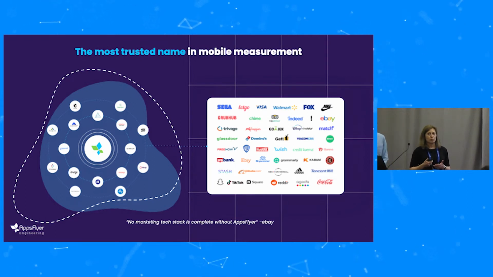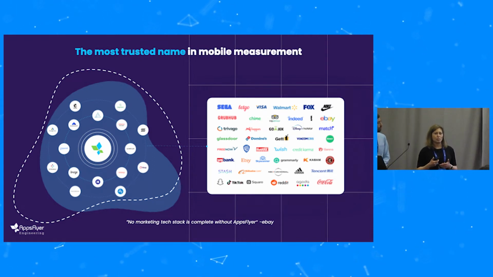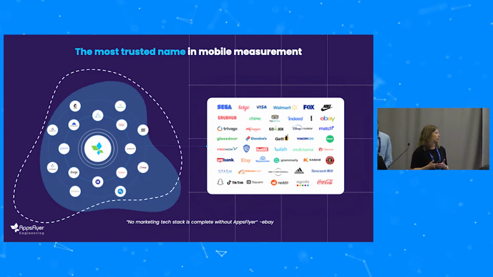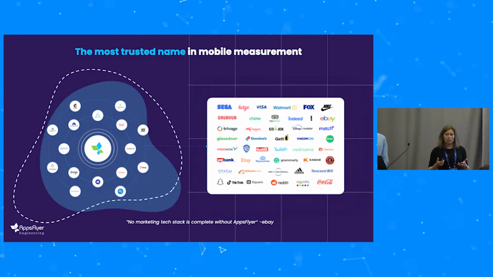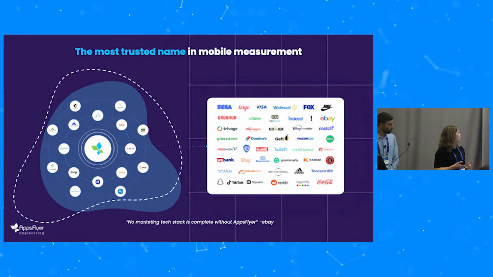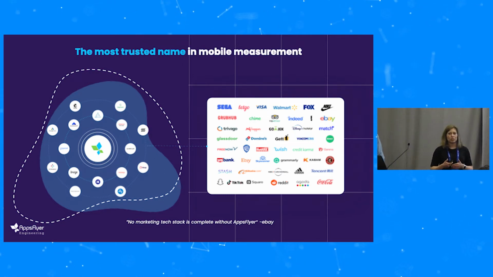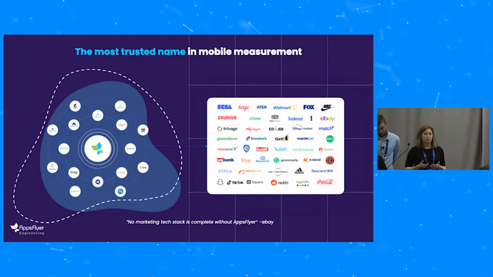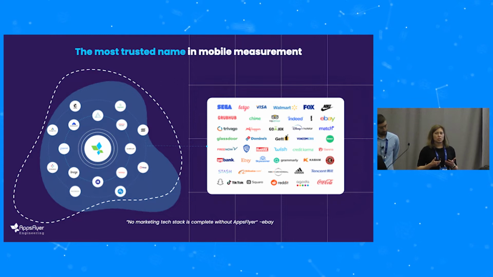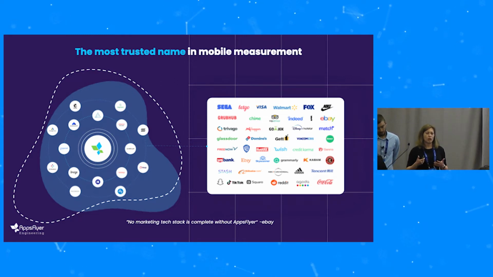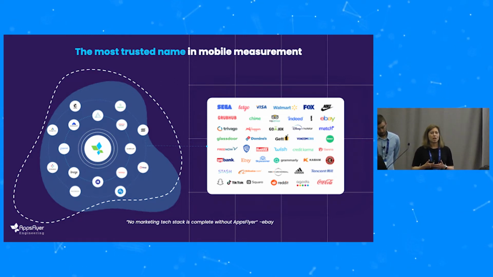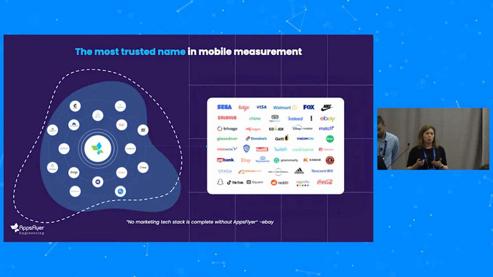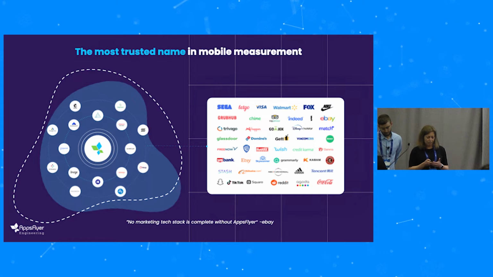We collaborate with over 10,000 partners, such as media partners, campaign management platforms, campaign optimization platforms, and many, many more. The logos that you see here demonstrate the scale of the data that we handle at AppsFlyer. We send and receive more than 100 billion events daily, and we handle all of this data with accuracy, reliability, and always with data security in mind.